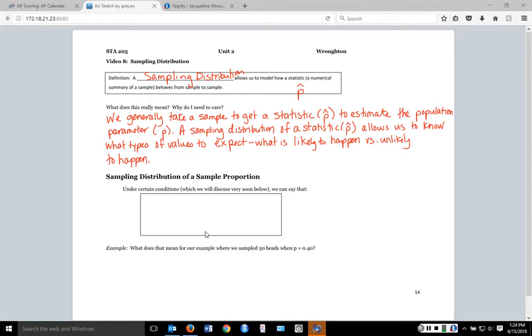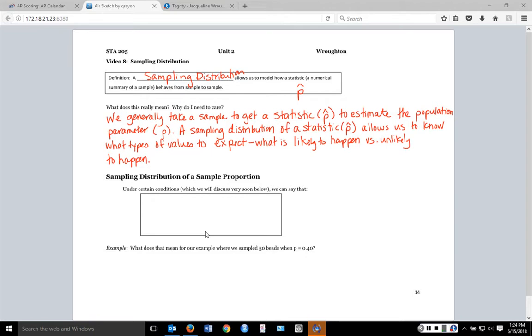So remember, this also goes back to the idea where we talked about randomness, and randomness tells us what to expect, right? And our goal there is if we know what to expect, we can figure out how likely or how unlikely something is to happen. So that's the goal with the sampling distribution.